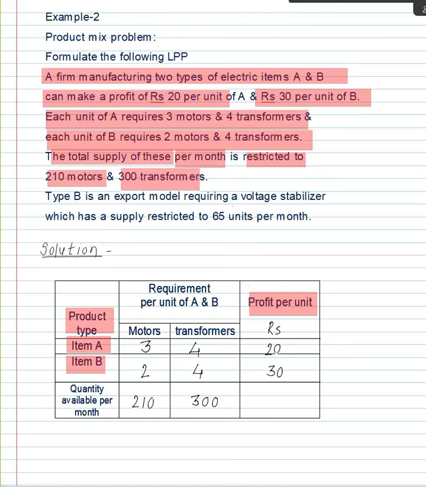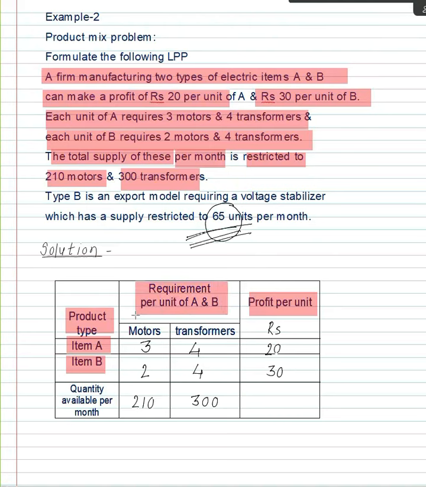And one more number is there, 65. That is, supply of the second type of item is restricted to 65 units. So we will consider this number while constructing the constraints in this LPP.